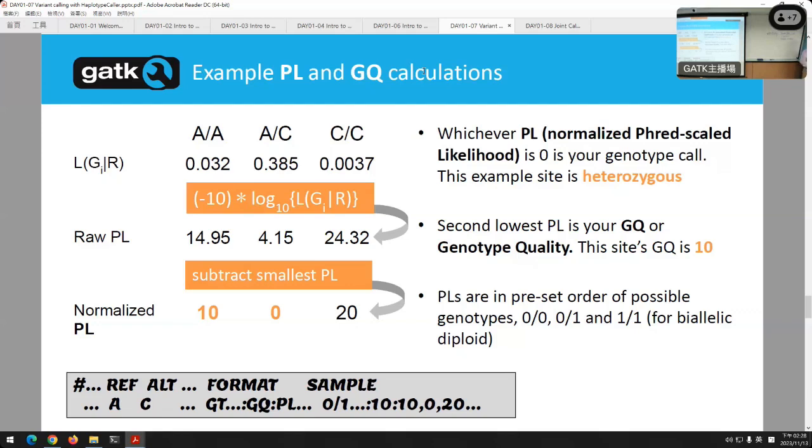So the question is what is the cutoff really? What's a good genotype quality? It all depends on what you're doing. If you're looking at de novo mutations, so changes that are different from a child's parents, you only expect 20 of them in the whole genome. So if it's below Q60, probably don't trust it.